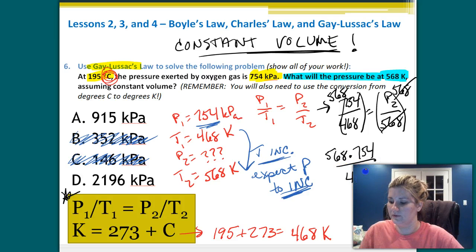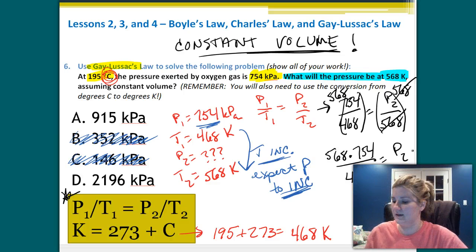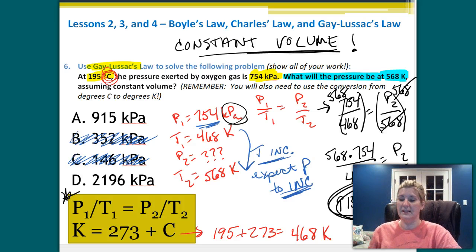Both of them are equivalently correct. This is a calculator problem, 568 times 754 divided by 468, I get 915. And this is pressure. We're using kilopascals in number 1, so our final units are in kilopascals. The pressure did increase, only slightly.